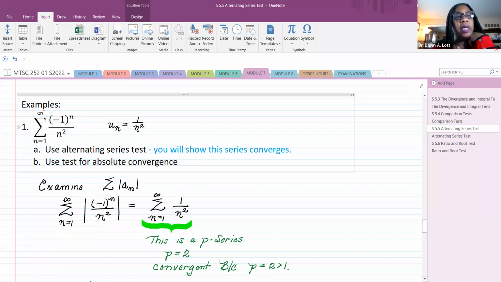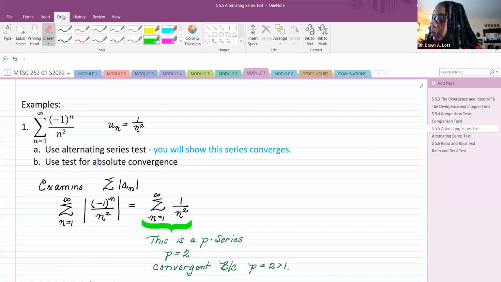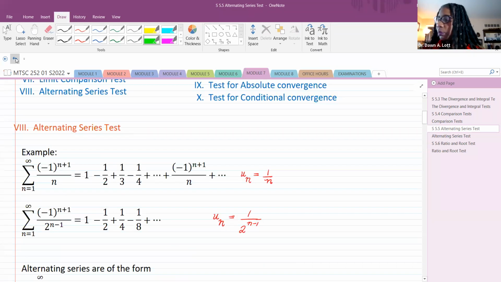We looked at taking the absolute value of this term.